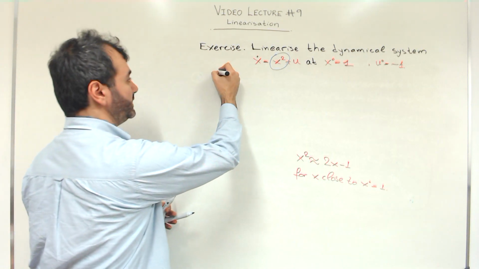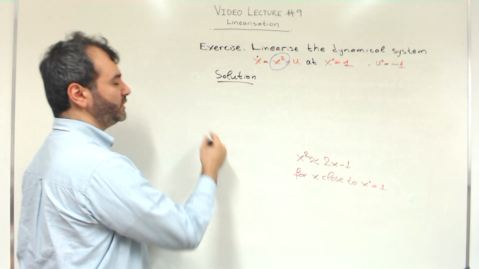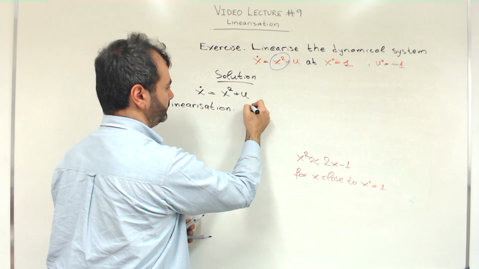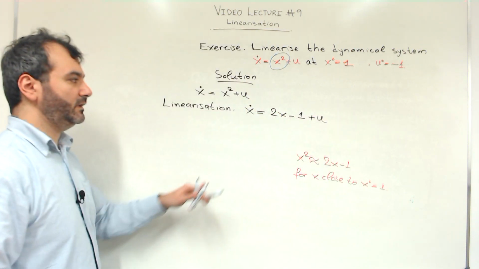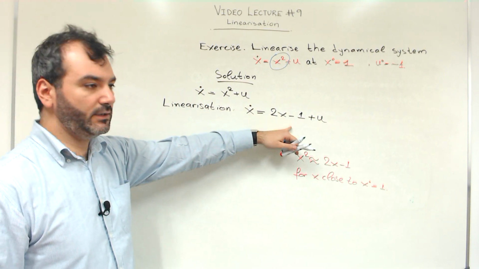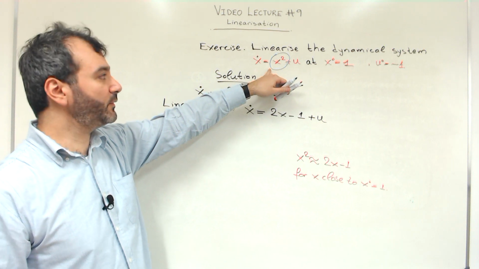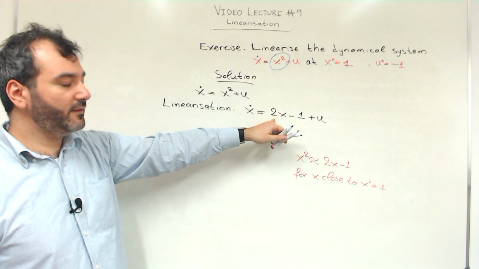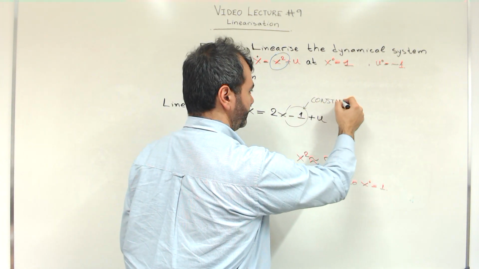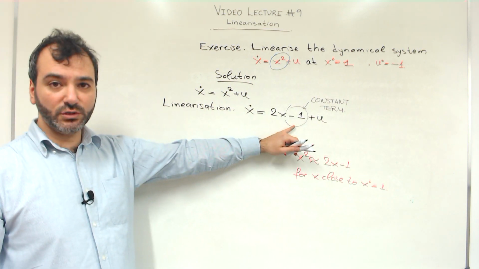So it seems that we can say that the solution is x dot is 2x minus 1 plus u, which in fact is much simpler than the original equation, which involves x squared. This is a lot more linear-ish. Unfortunately, we have ended up with a constant term.